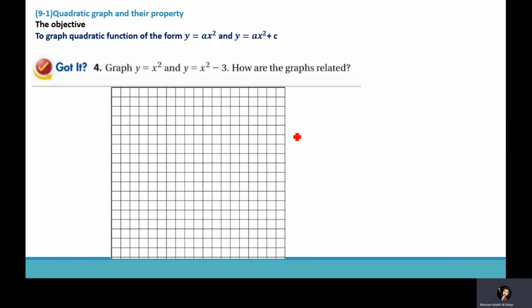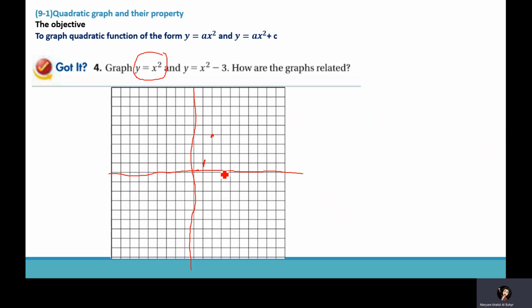Let me give an exercise. So we have this one. Basically, we know this graph, and I will graph it using red. So I already know that this will be 1, 1. This will be 2, 4.